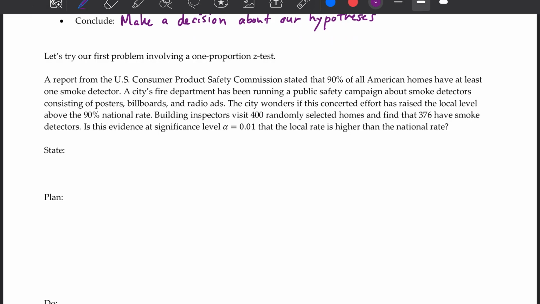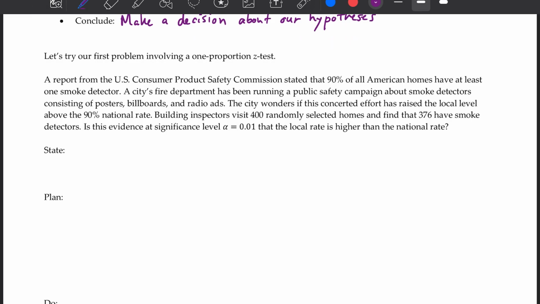Building inspectors visit 400 randomly selected homes and found that 376 of them have smoke detectors. Is this evidence at significance level alpha equals 0.01 that the local rate is higher than the national rate?